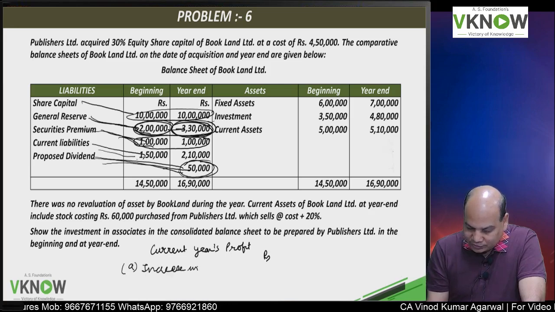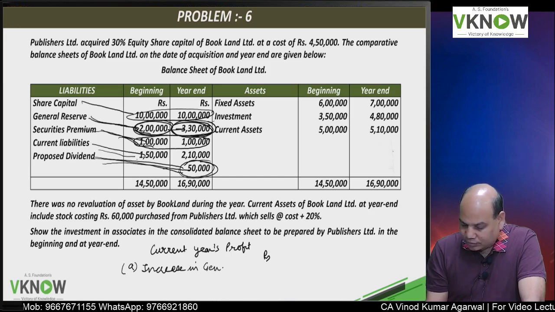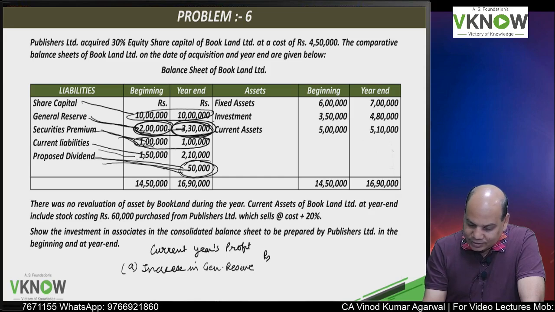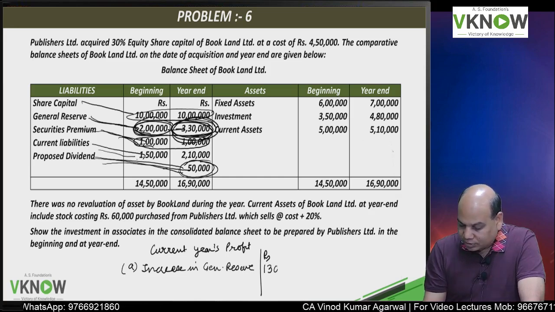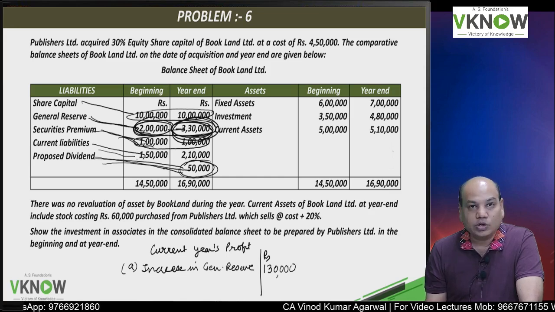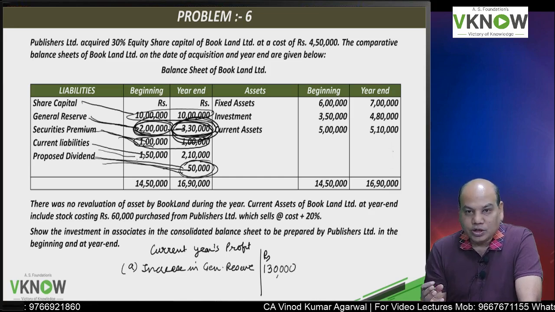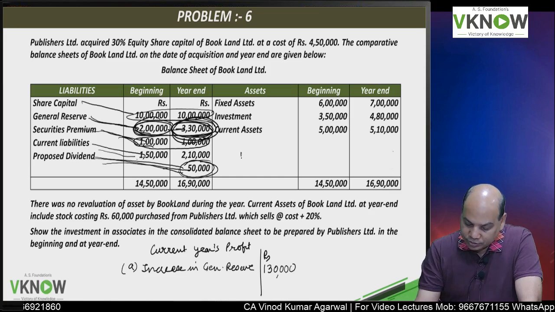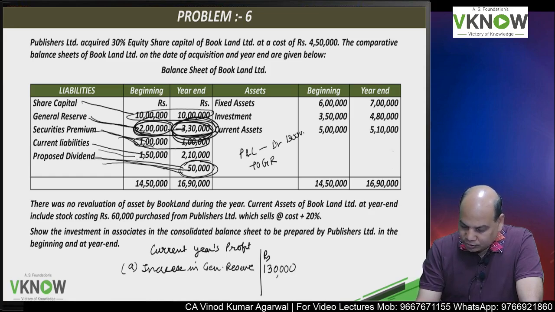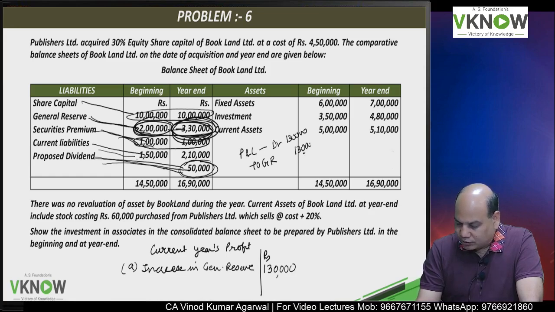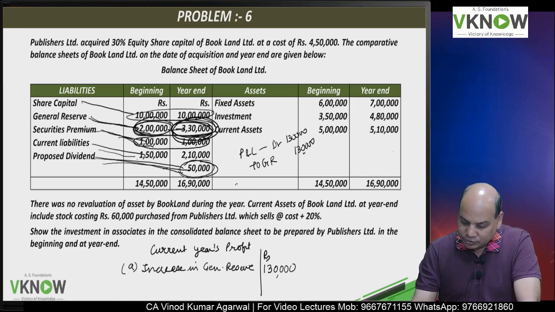One is increase in general reserve, that is 3,30,000 minus 2 lakh. This is a hidden adjustment and some students may not be able to understand how general reserve has increased. P&L account debit to general reserve. This way general reserve increases.